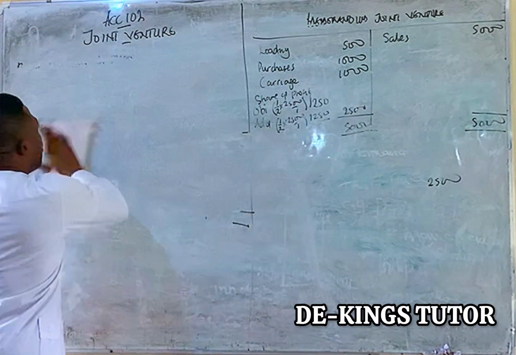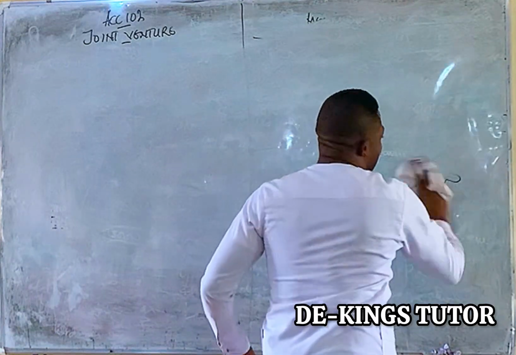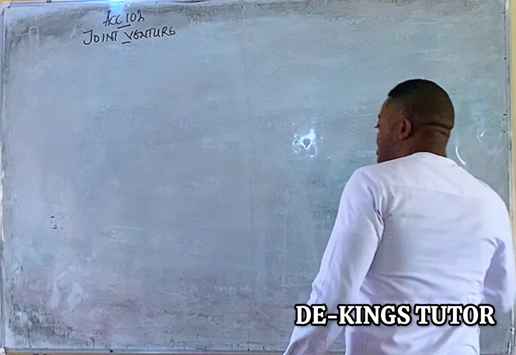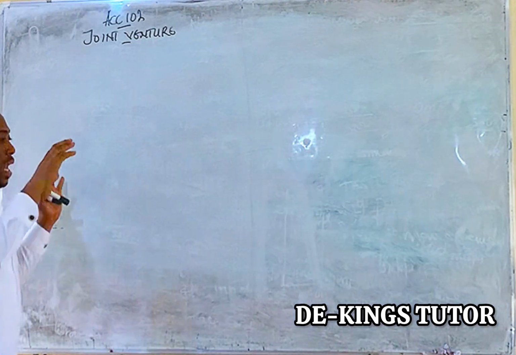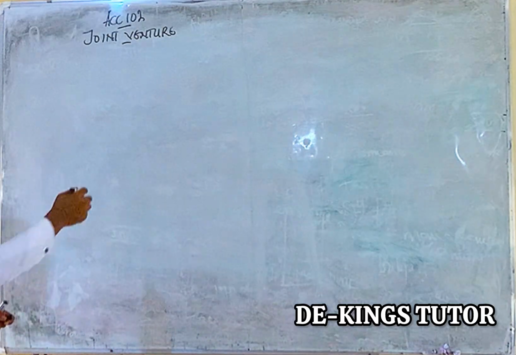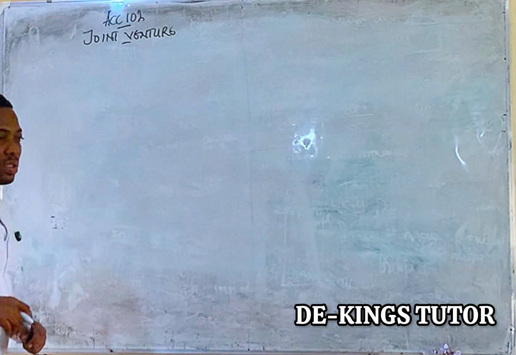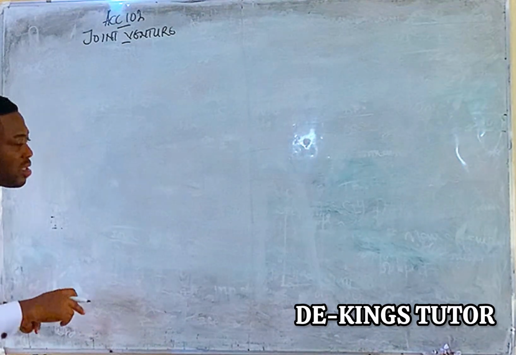Now, while you're preparing this, ensure you draft out all at the same time, so I don't get confused. So they ask us to prepare. What's the name of this business? The name of the owners?